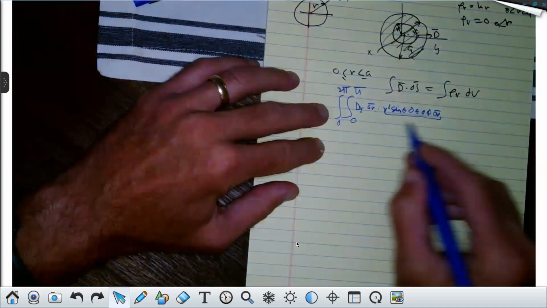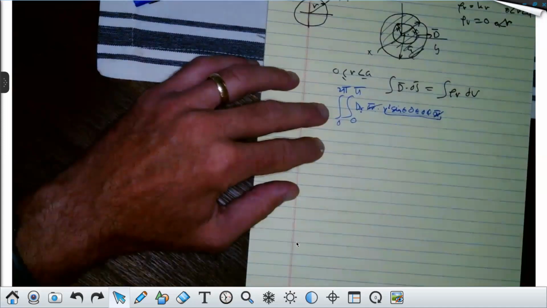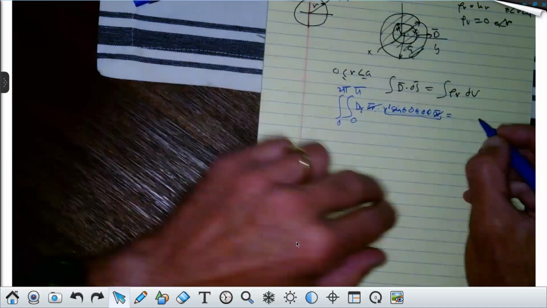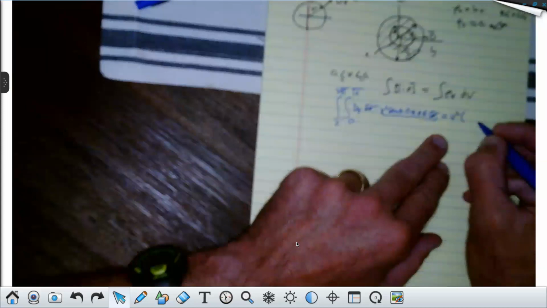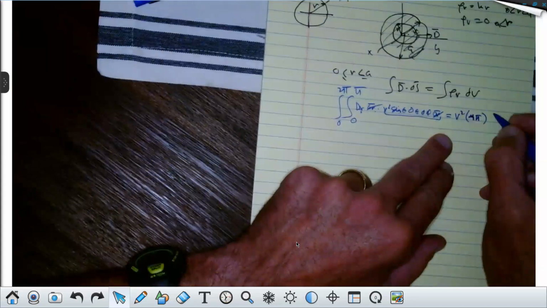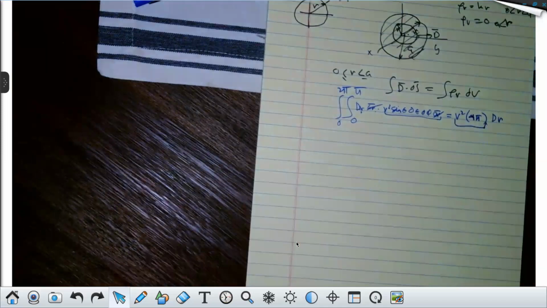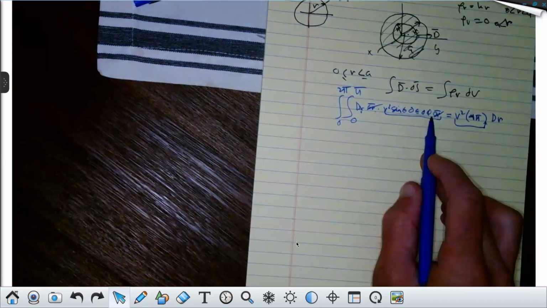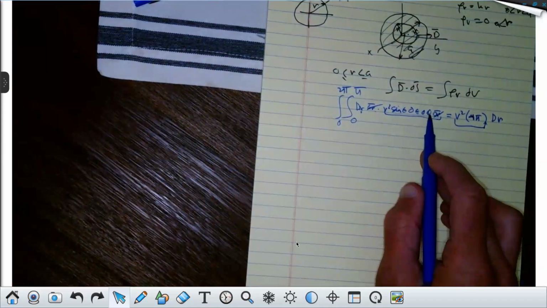Now a_r dot a_r is 1 just as before, right? So when I take a look at this, R squared comes out in front, and then you'll have 4 pi, and then dr. Now this is just the surface area of a sphere, 4 pi R squared. And by the way, we did this integral a second ago. That's why I didn't spend any time on it. When I integrate d phi, I get phi from 0 to 2 pi, which is 2 pi.